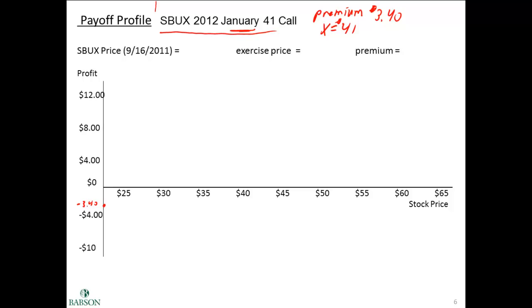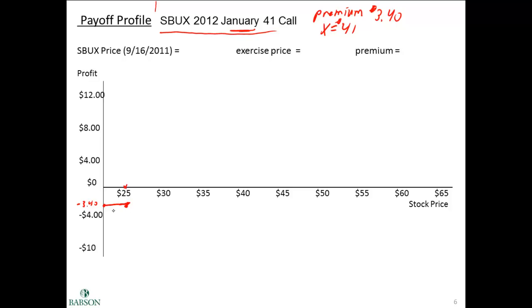So there's no way that you're going to exercise your right to buy it for 41. So instead, you're going to allow that option to expire without doing anything with it. And so the punchline is, if Starbucks stock ends up at $25, it expires worthless.